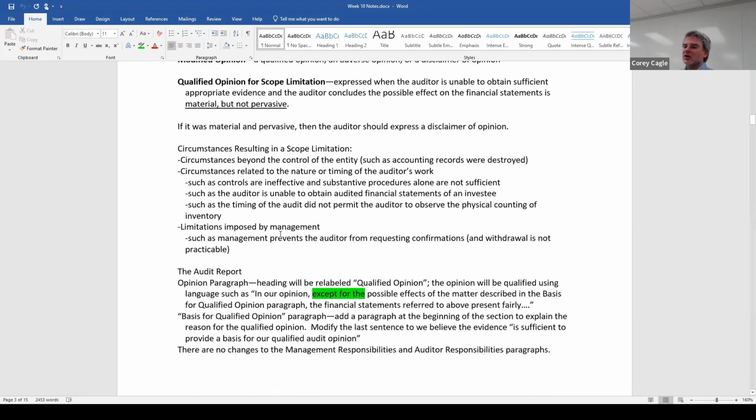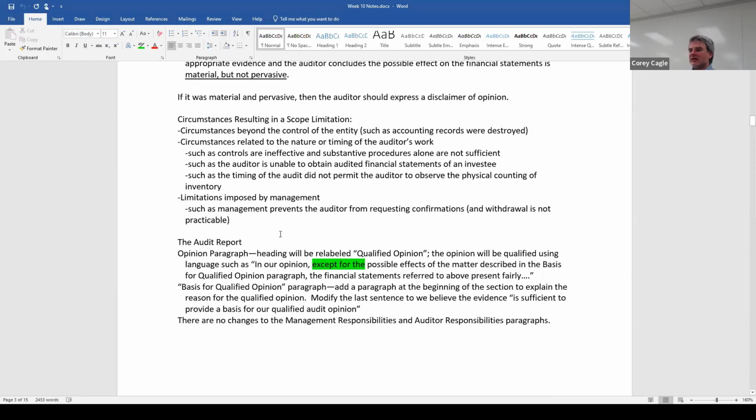So things that can cause a scope limitation could be things like accounting records were destroyed. It could be things like internal controls are ineffective and you couldn't figure out how to do substantive procedures sufficiently to fully test it. It could be a deal where you couldn't get the financial statements that were audited of an investee, like a major investee.